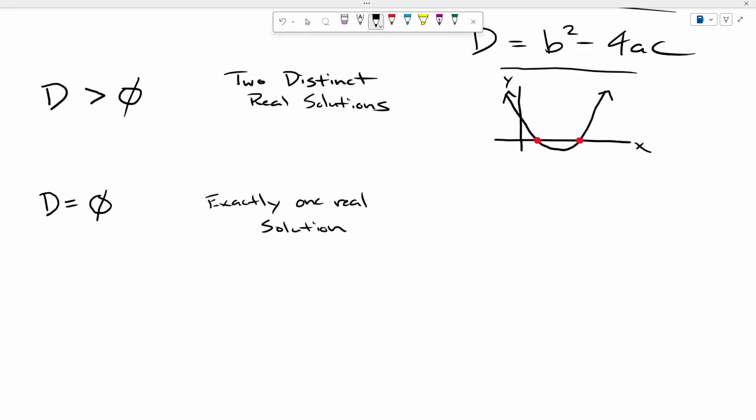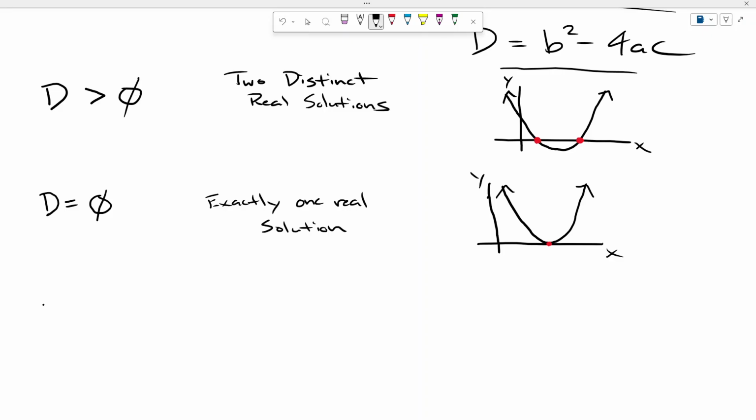So that might be something like this. If we imagine it only touches the x-axis once, there's one x-intercept. There is one real solution.